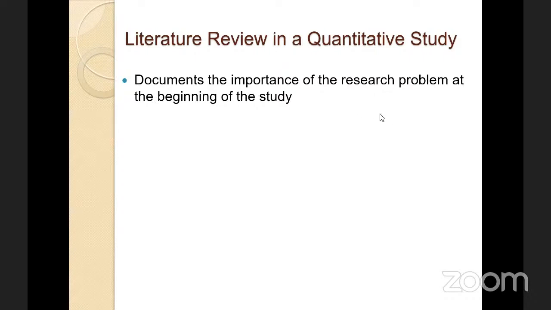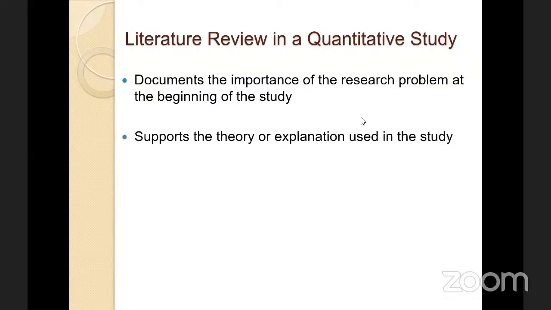There are some differences between the literature review in a quantitative study and a qualitative study. Both of them document why the research problem is important. The contrast is that in a quantitative study, research that, as you all know, deals with numbers, there usually is some existing theory in the scholarly literature that is used in the study.